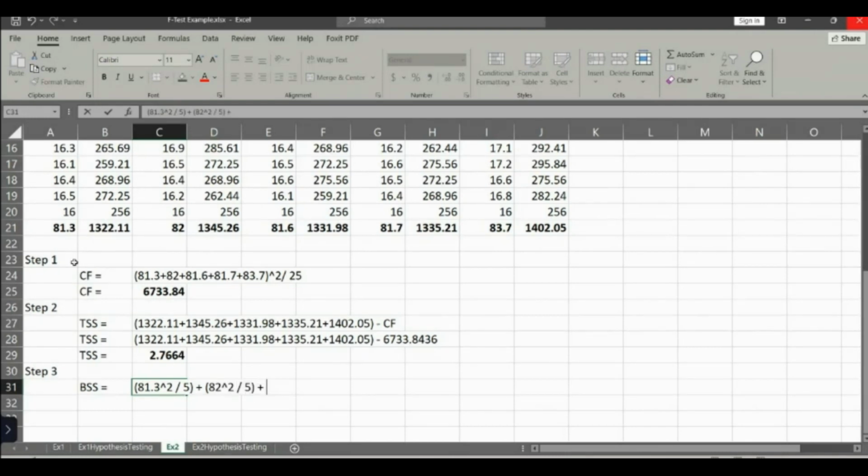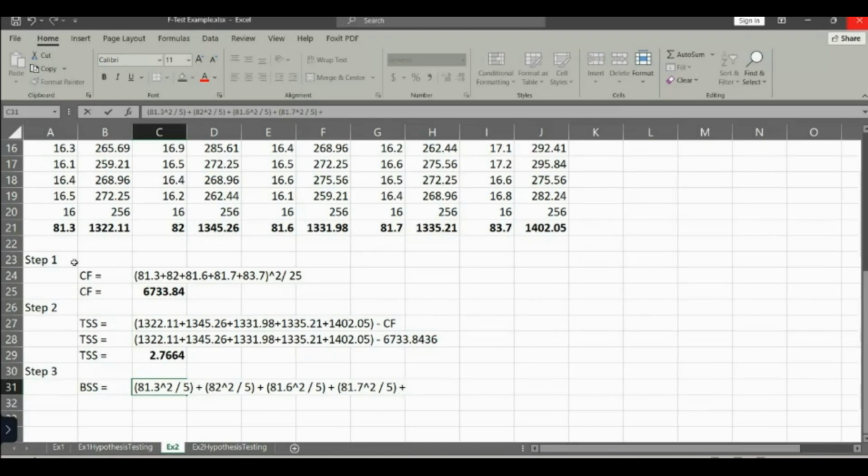Next region, 81.6 squared divided by 5 teenagers. Next, 81.7 squared divided by 5 teenagers.